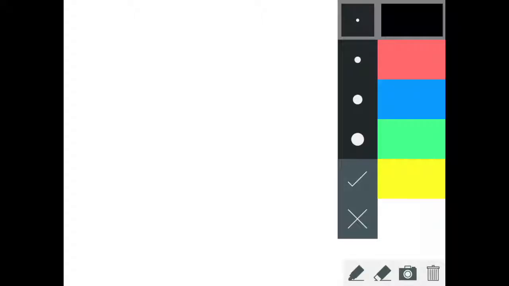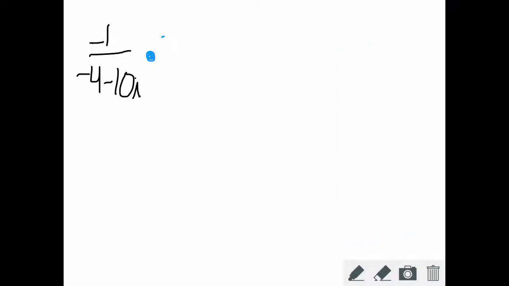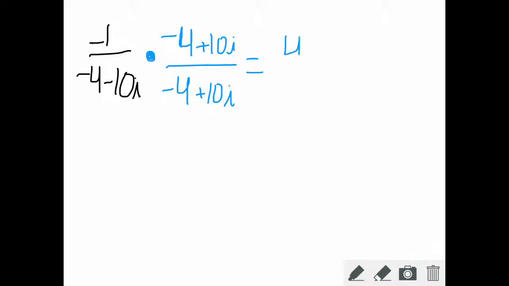On to the next division problem. We are going to be doing negative 1 over (negative 4 minus 10i). So what you want to do is multiply by the conjugate. The conjugate in this case will be negative 4 + 10i, and that is your numerator and denominator. So you're going to do the FOIL, which you don't really need to do.